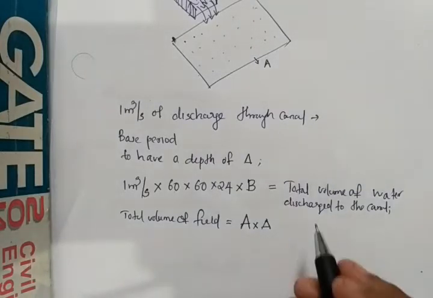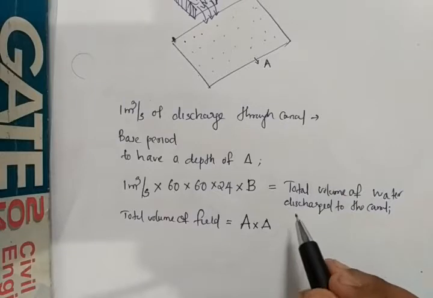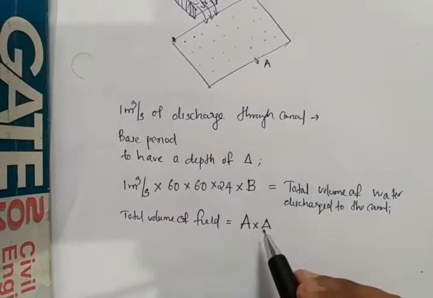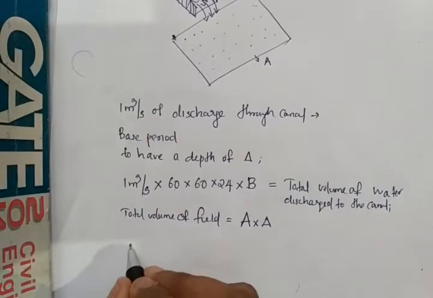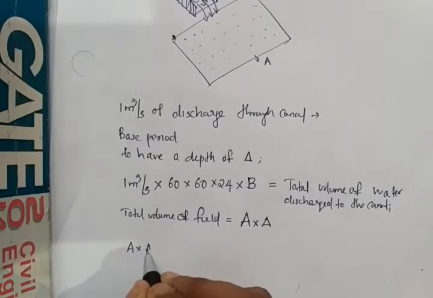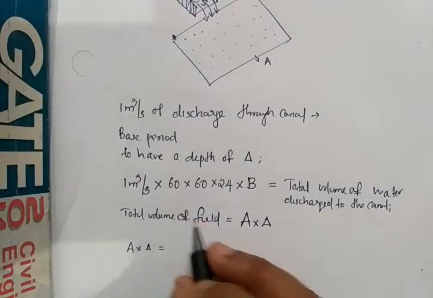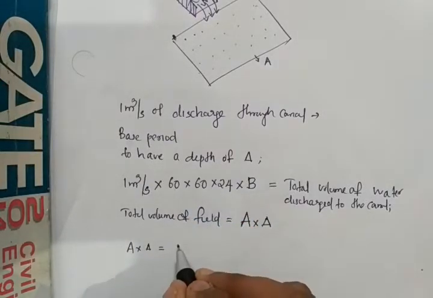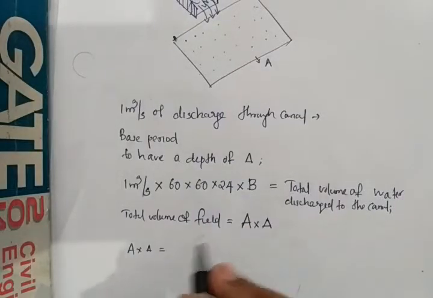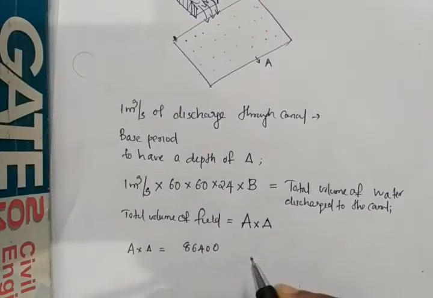So these two are equal, and you can equate area into delta is equal to 1 into 60 into 60 into 24, that will give you 86400 into B.